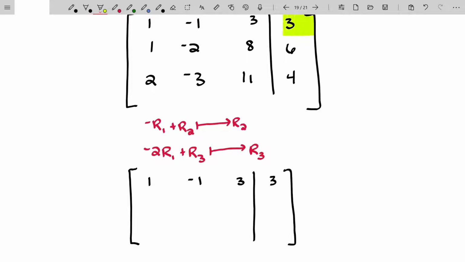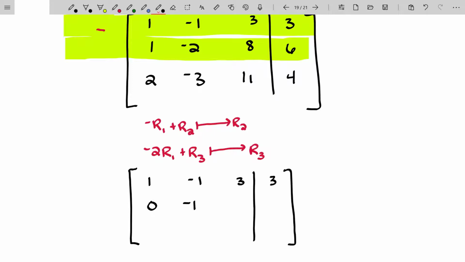So I'll take, again, the opposite of this row, and I'm going to add it to the second row. So that's a -1 plus 1, or 0. -1 plus 1 is... well, 1 plus -2 is -1. And a -3 plus 8 is a 5. -3 plus 6 is a 3. All right.